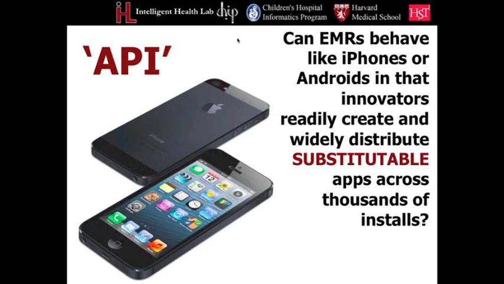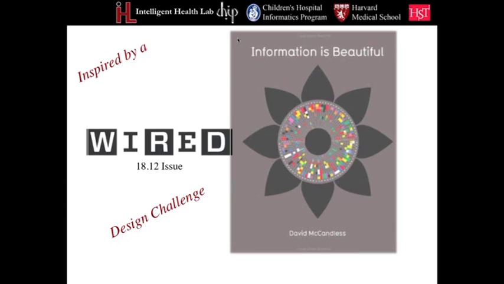We took a design challenge that was sponsored by Wired magazine. And Wired magazine said, what is the new laboratory information system of the future going to look like? You know, this is the laboratory information system of the present.